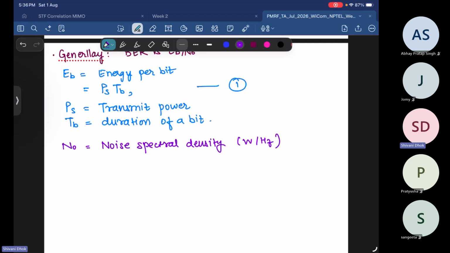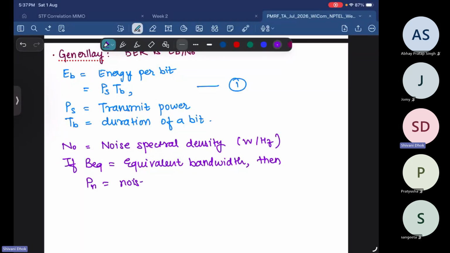So if B_eq is the equivalent bandwidth with which you are transmitting a symbol, then the noise power will be equal to N naught into bandwidth.